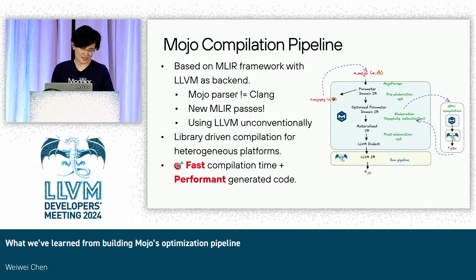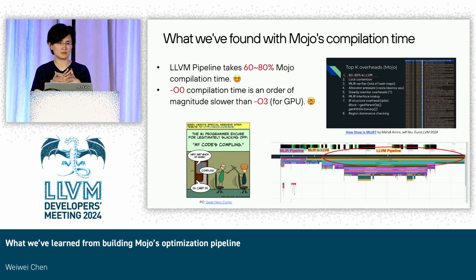As with most compilers, the goal we want to achieve for Mojo compilation is fast compilation time, and we also want to generate performant code. But a few things we found when we first implemented the compiler is that the LLVM pipeline takes a really long time in the overall Mojo compilation, about 60 to 80% of compilation time, as you can see from the time tracing here.